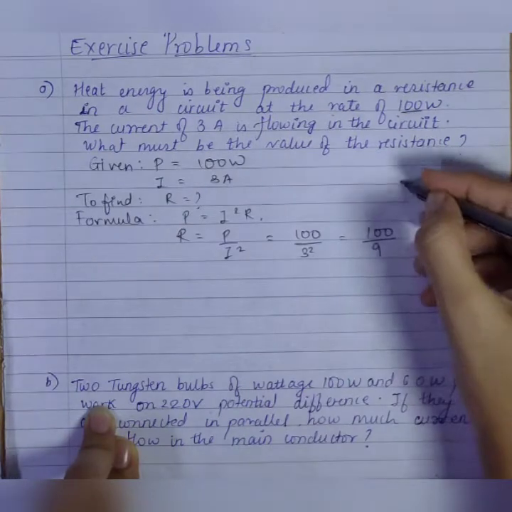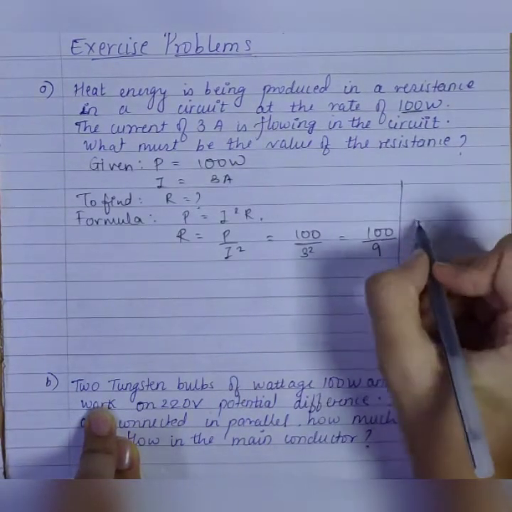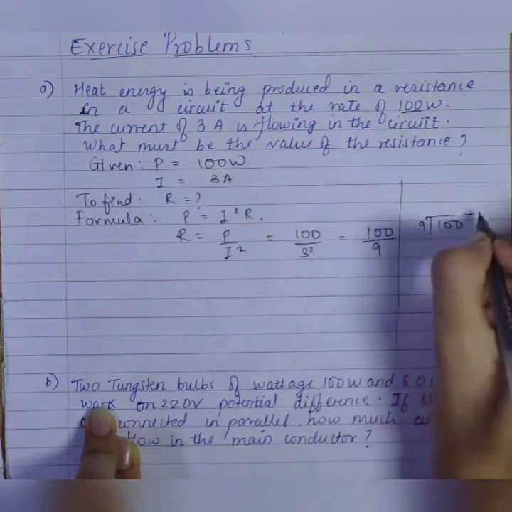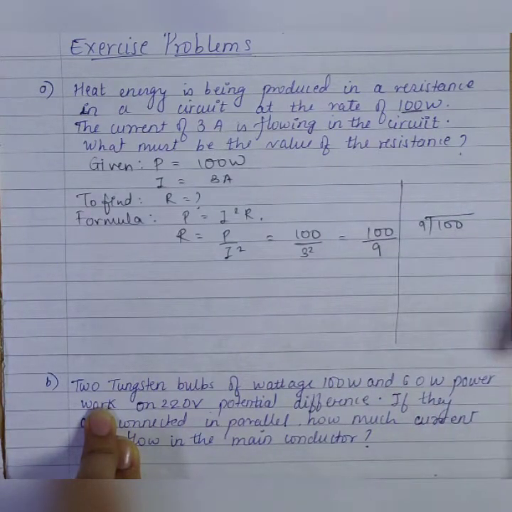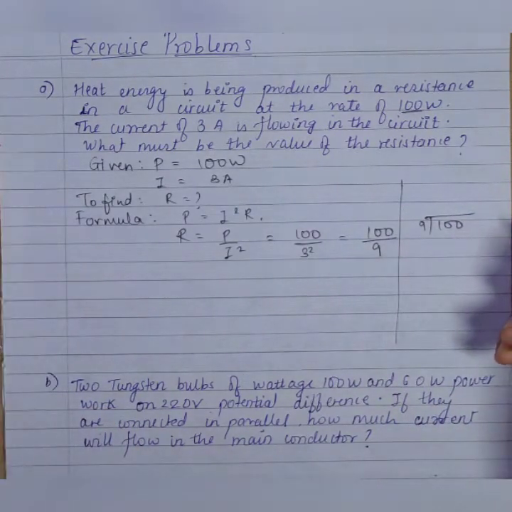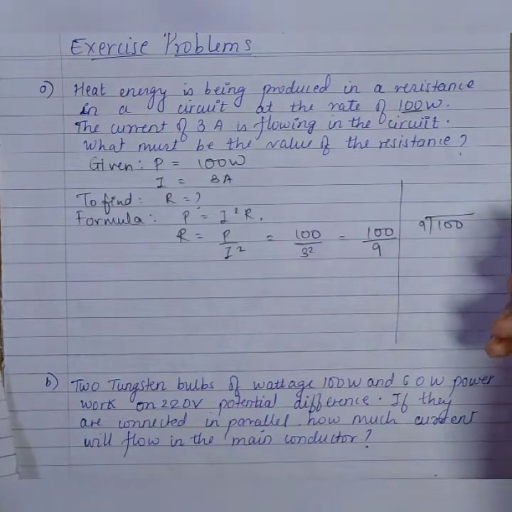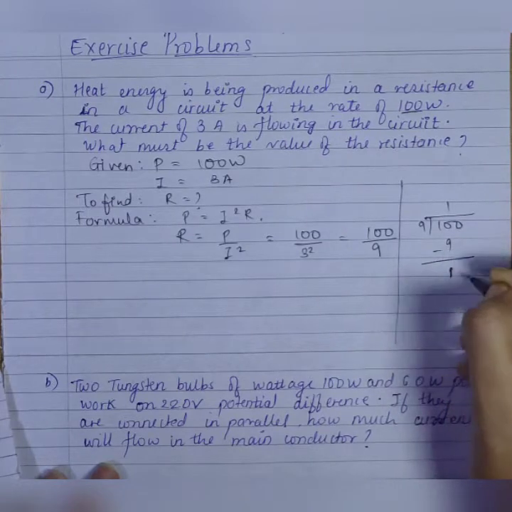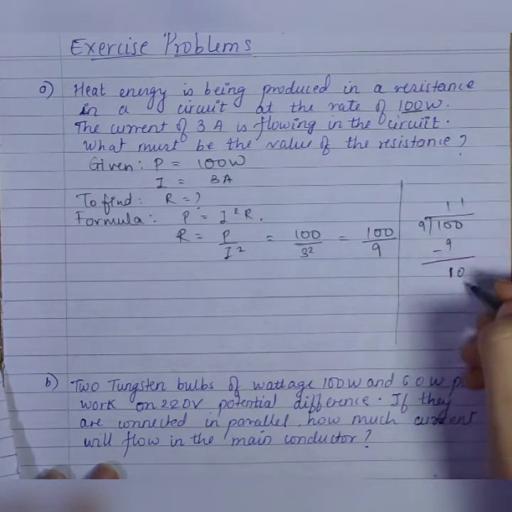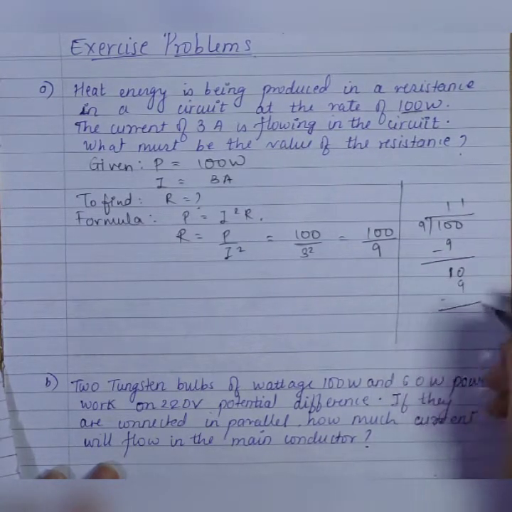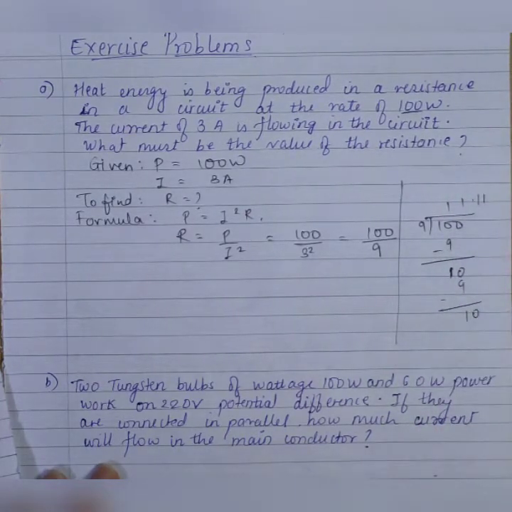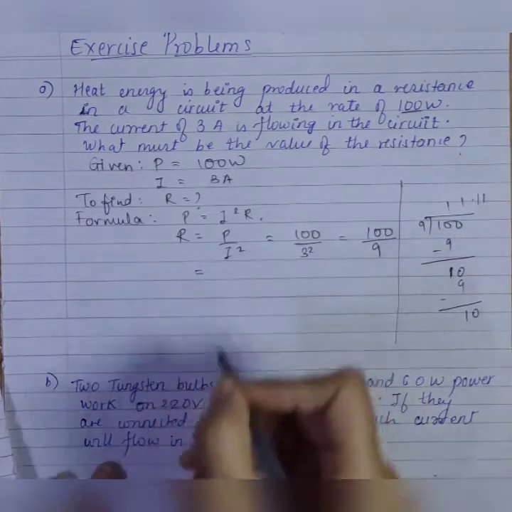In your rough work column, you will solve this. What is this? 9 ones are 9, 1 0, again 9 ones are 9, 1 0. So this is recurring 11.11.